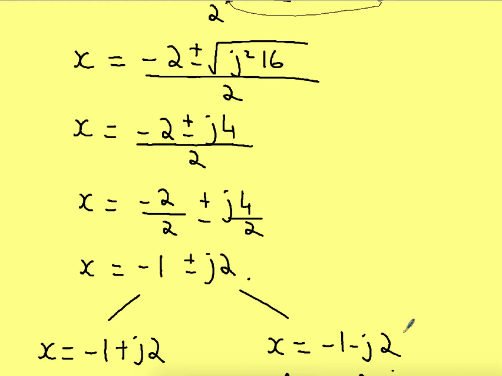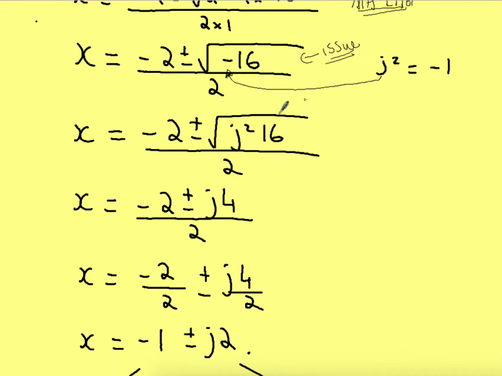Now, it might be that you get to a stage and it's a horrible decimal somewhere in here. So you might get 3 plus or minus the square root of j squared 87 over 5.